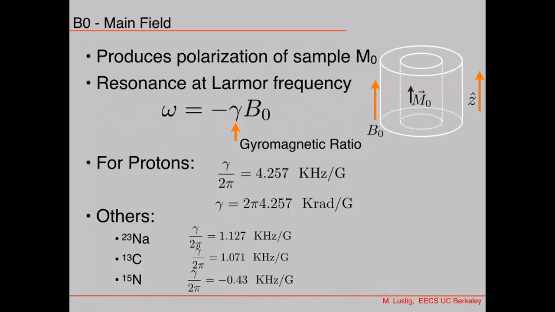So the difference in frequency is quite large. If you think of the frequency range, if this is the proton frequency at 1 Tesla, that would be 42.57 megahertz. If this is zero frequency, the nitrogen will be somewhere around here at minus 0.43 megahertz. Does that make sense? So it's a big difference between them.